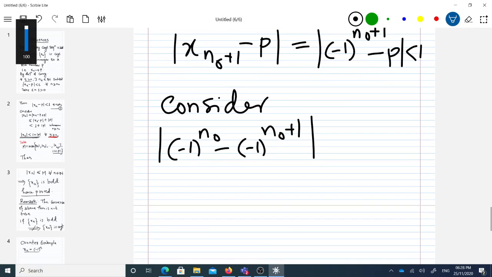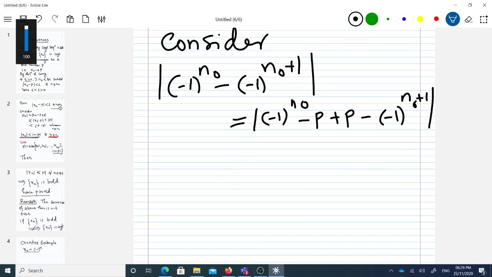Now I'll add and subtract p. So I will subtract p plus p, minus (-1) to the power n naught plus 1. Use the triangle inequality.